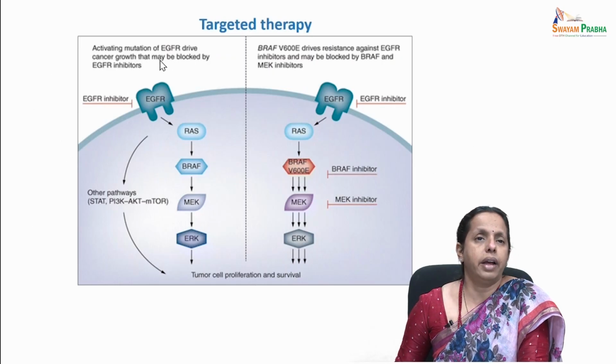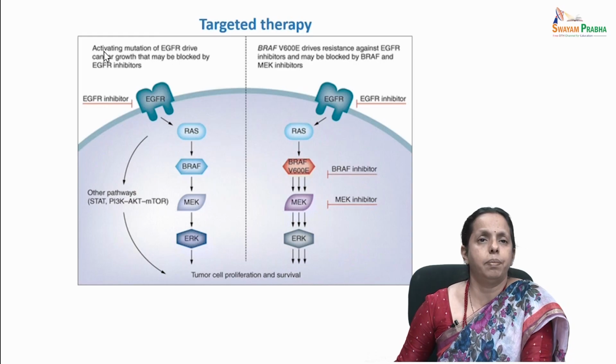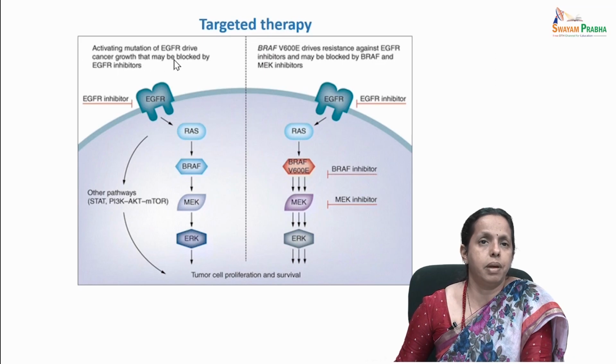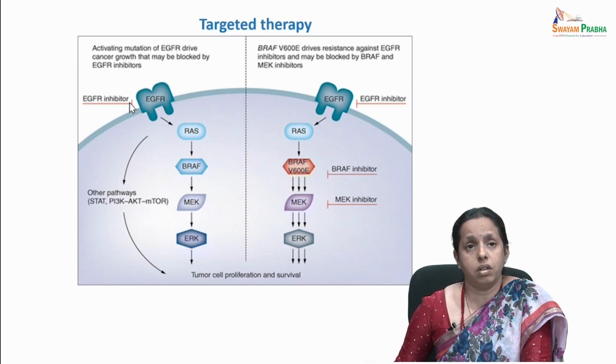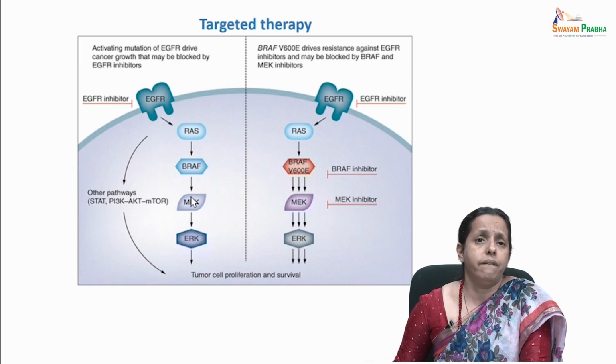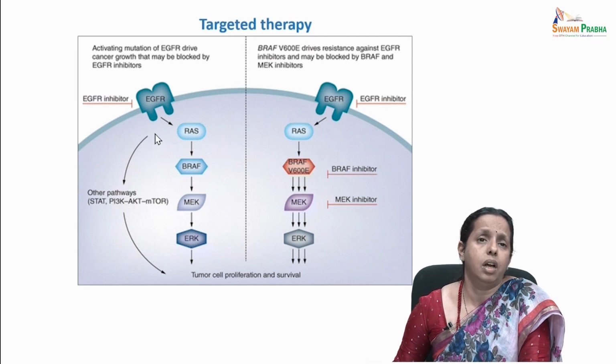This is your example of targeted therapy, where, suppose you have an EGFR mutation, it will drive cancer growth that may be blocked by your EGFR inhibitor. This is the tumor cell proliferation. A mutation in this particular receptor will cause changes in the different signaling pathways.